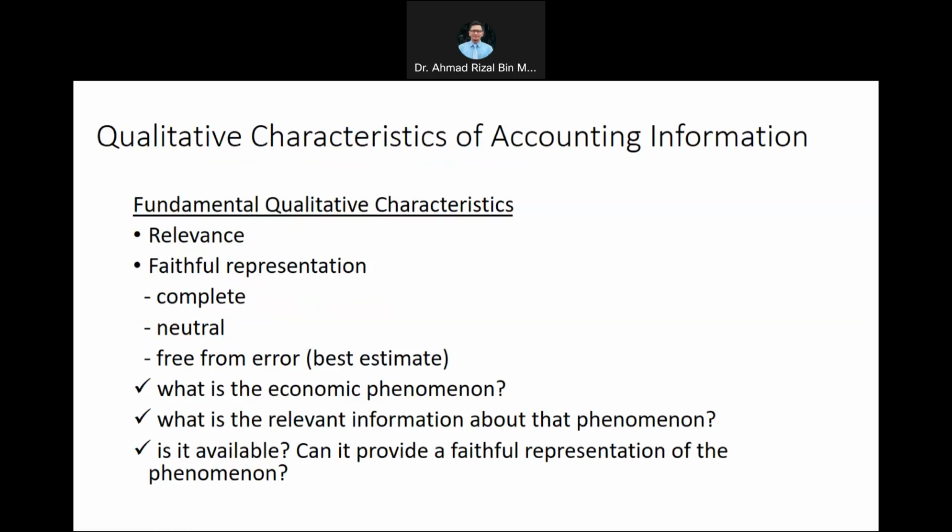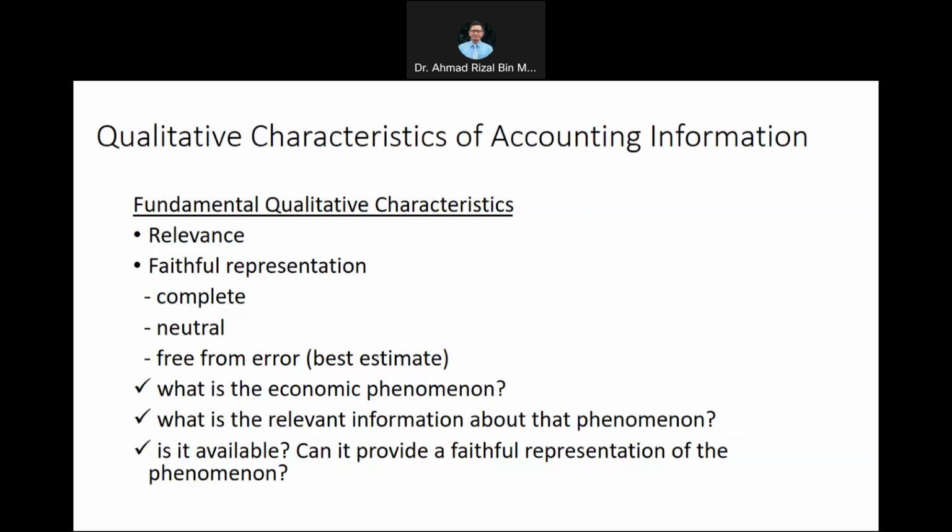And it has to be neutral. You don't put in your own biased judgment in order to overstate or understate certain values. So it has to be neutral as it is, and of course, it has to be free from error.